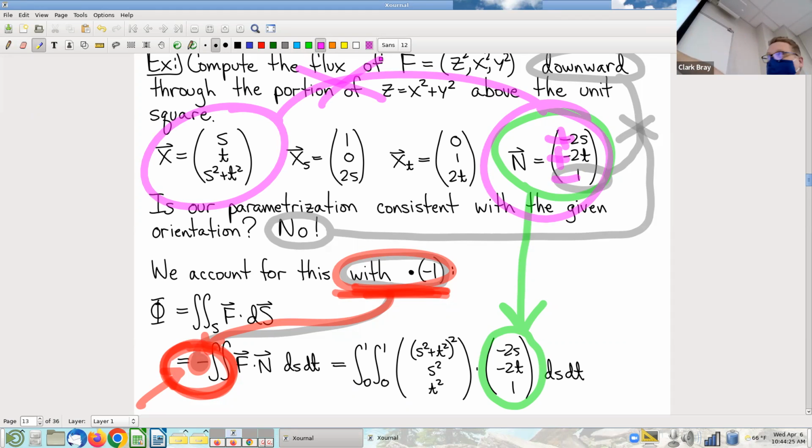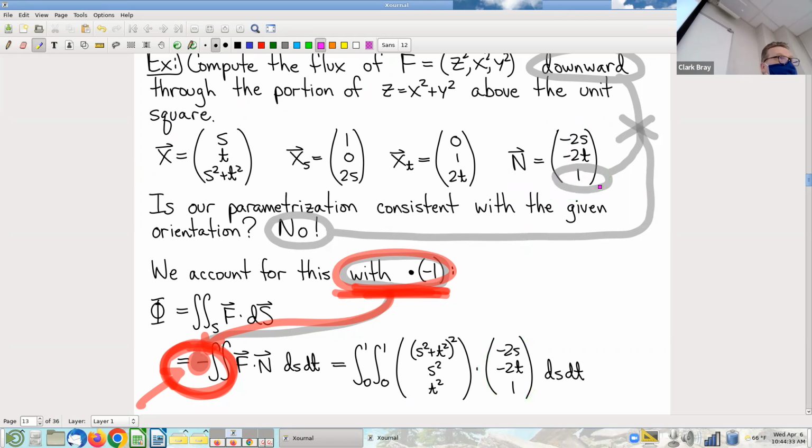It needs to remain something that comes directly out of the parameterization. So where you put the minus sign matters in terms of clarity of your work, right? So make sure to make some minus sign external, and then proceed with the misoriented capital N. You've already corrected its error.